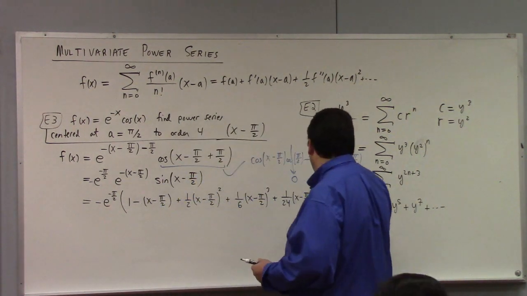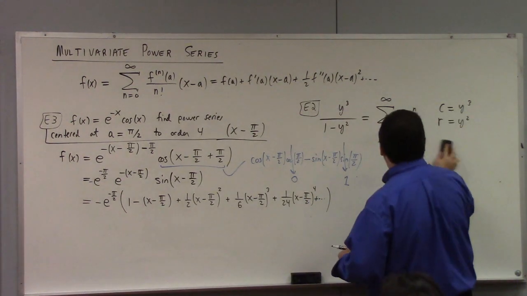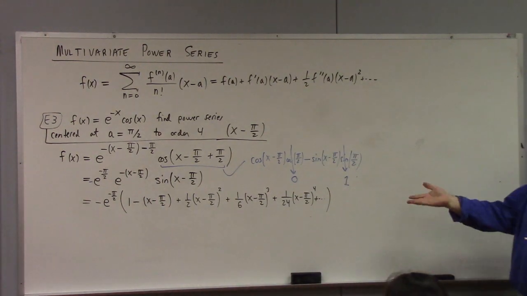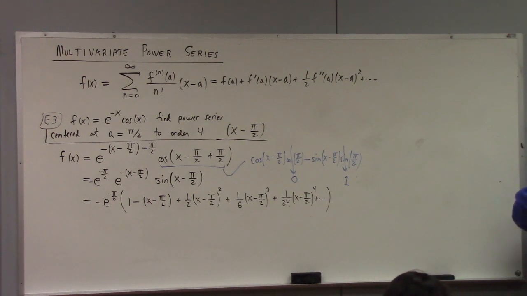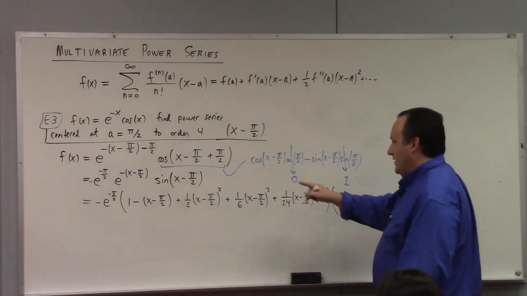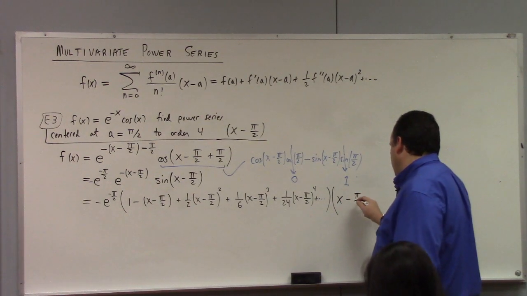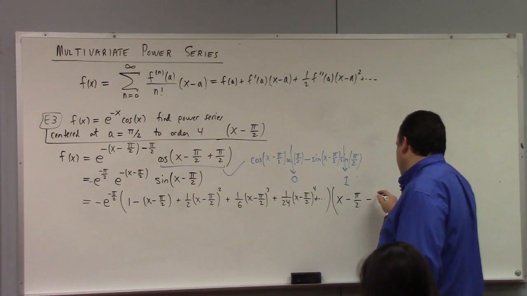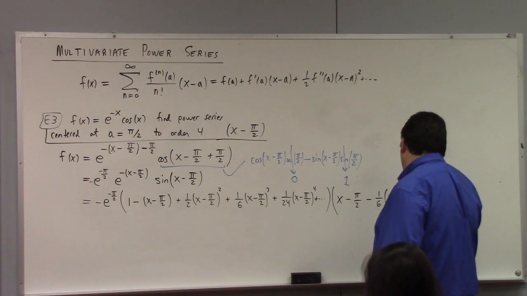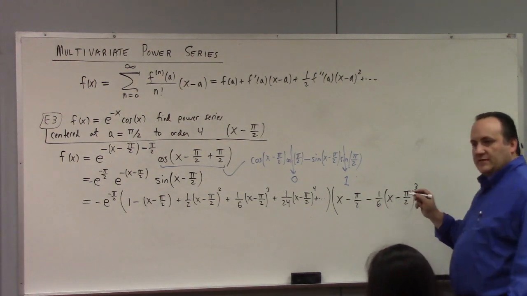So what have I done so far? That's just the expansion for the exponential, right? And then what do I have? Now I've got the sine up next, so that's x minus pi over 2 minus 1/6 x minus pi over 2 cubed, right? And then the next term up is what?